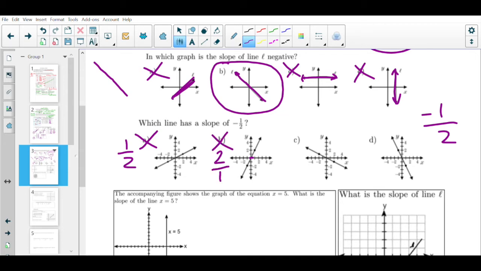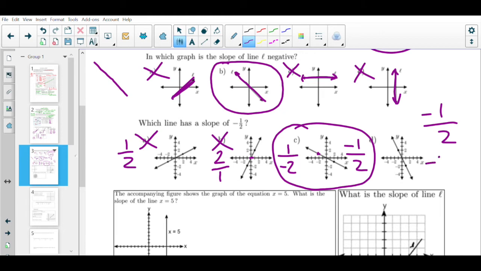It's not this one. This one rises 1 and runs -2, so 1 over -2. Or the other way you can think about it is, if you start at this point, it rises -1, goes down 1, and runs over 2. So there's your -1/2 right there. Let's finish off with this one. This one rises 2 and runs -1, so that's -2 over 1. So it's not this one. Okay, so it's letter C.